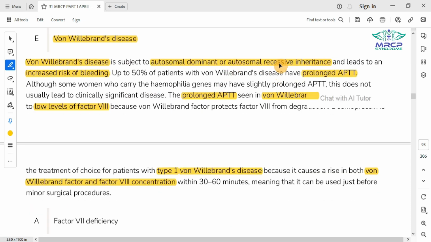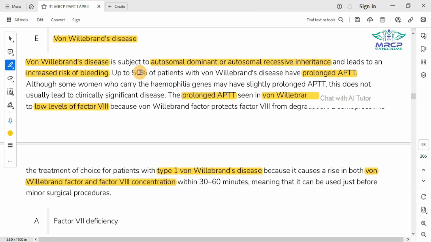In rare cases there may be autosomal recessive, but you should remember it as autosomal dominant. It leads to an increased risk of bleeding. Up to 50% of patients with VWD have prolonged APTT, although some women who carry the hemophilia gene may also have slightly prolonged APTT, and this does not usually lead to clinically significant disease.